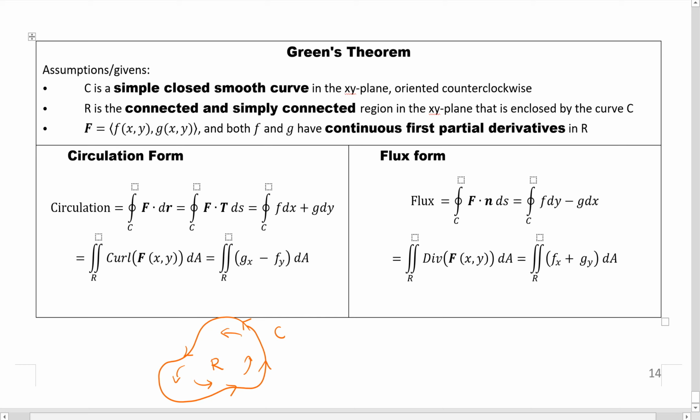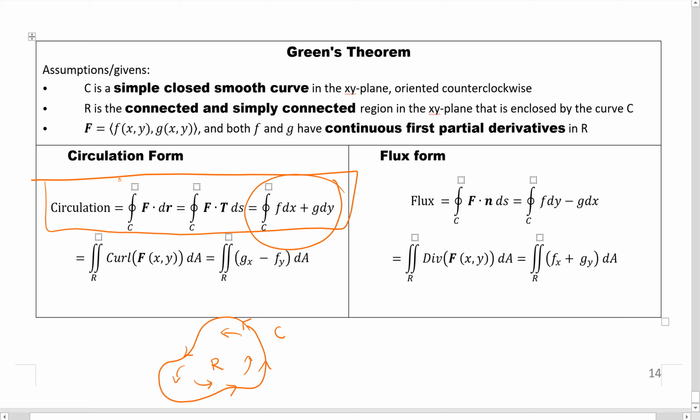So this is circulation, and we usually use this integral to compute. And then the bottom is the double integral over the region. The curl measures the vector field rotating counterclockwise.